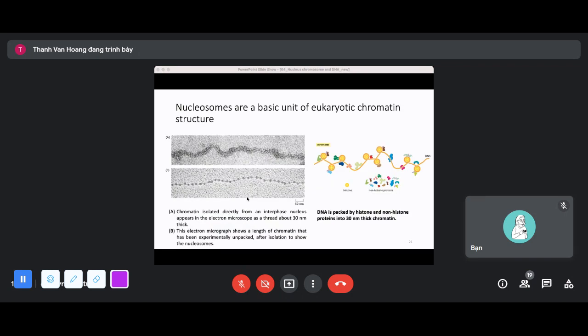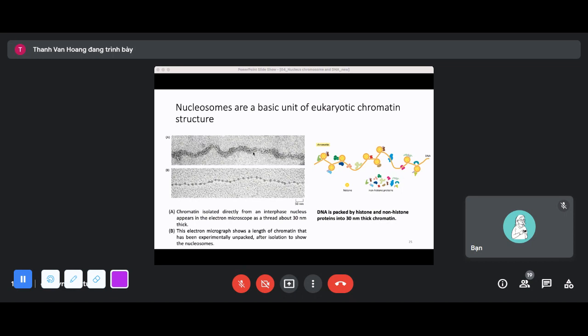So, if people unwind the chromosome structure, you can see this very typical chromatin structure. Chromatin. Do you know what this chromatin means? Chroma is color. Chroma means color in Latin. Chromatin, a substance which has color.